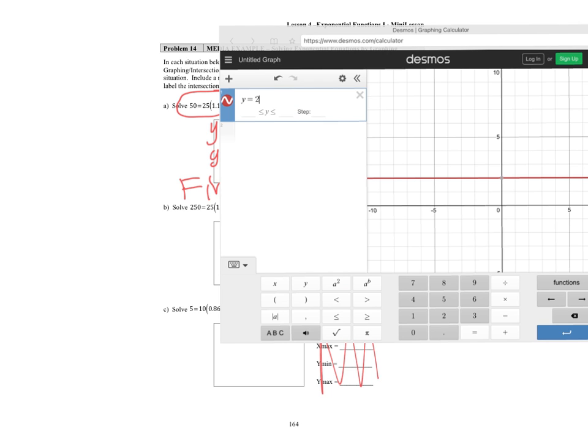Y equals 250. And then y equals 25 times 1.15 to the x. There we go.